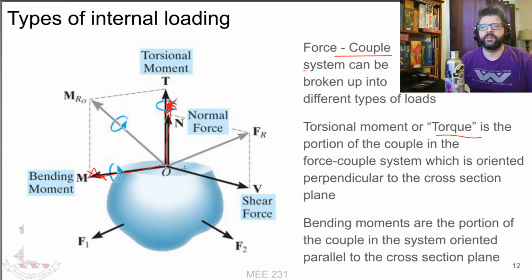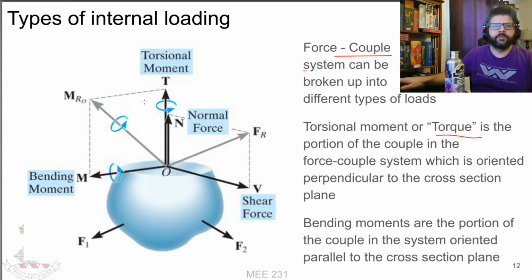The torsional moment only has one possible component because it is defined by the face that's cut. The directionality there is defined by that. You can't break that up anymore. It's coming straight out. Same with the normal force. Whereas the bending moment, you can break it up into different subcomponents in this direction and this direction, or what have you.